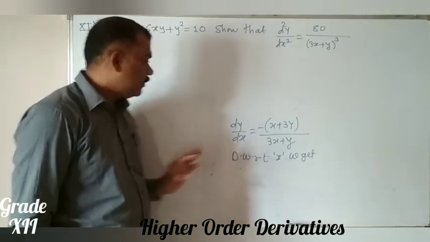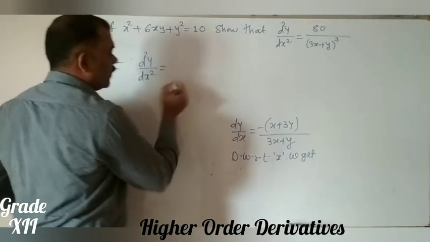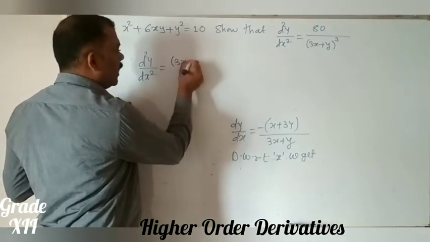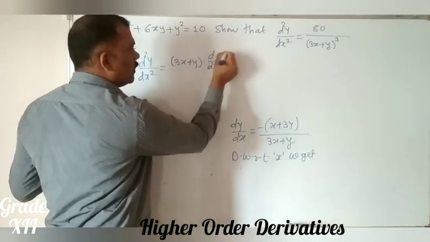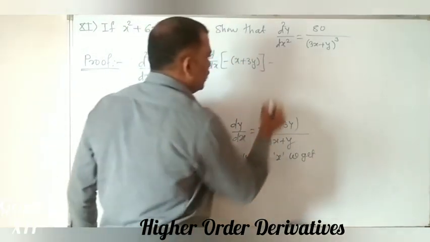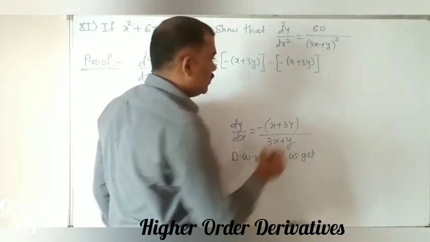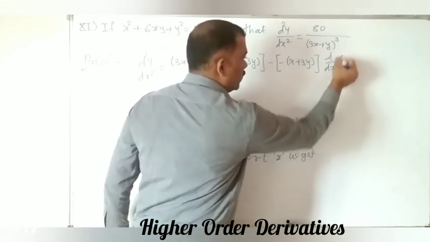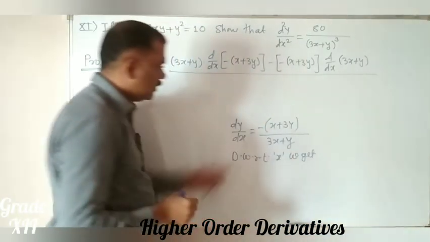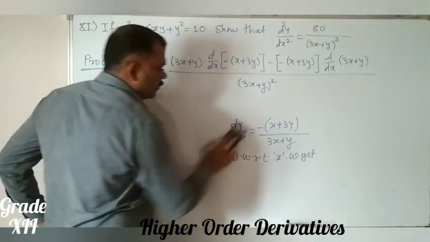Differentiation of this dy by dx with respect to x is nothing but d2y by dx square, is equal to, here we have to use the quotient rule: denominator, that is 3x plus y, into d by dx of numerator, that is minus x plus 3y, minus numerator, that is minus x plus 3y, into derivative of this denominator, that is d by dx of 3x plus y, divided by denominator square, that is 3x plus y bracket square.